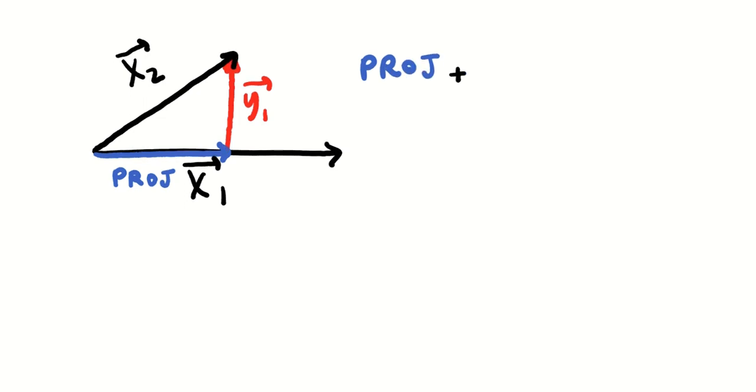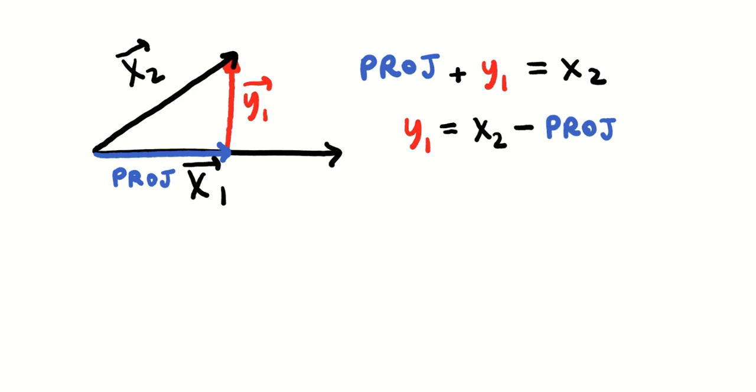And in case you can't see why that's true, notice that the projection plus y1 is equal to x2. So that y1, if I'm hoping to find that orthogonal vector, is going to be x2 minus the projection of x2 onto x1.